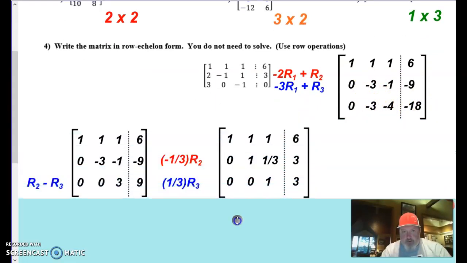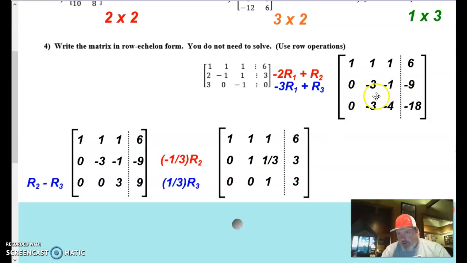And so you can see from this matrix to here, what I did is I just took row 2 minus row 3. So -3 minus -3 is 0. -1 minus -4 will give me 3. And -9 minus -18 will give me 9. At this point, we're almost there.